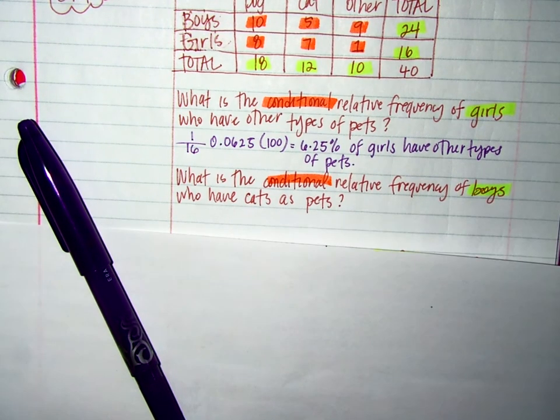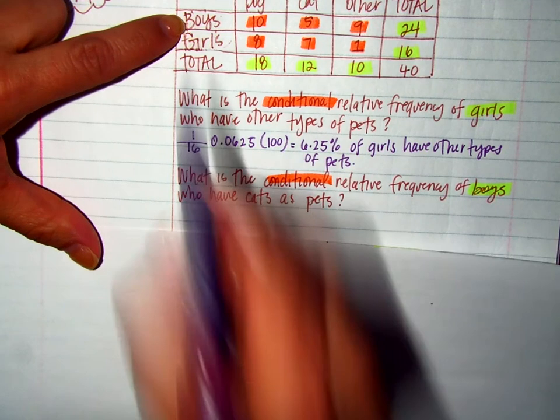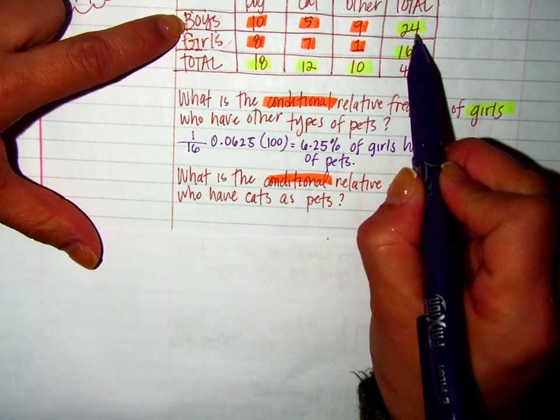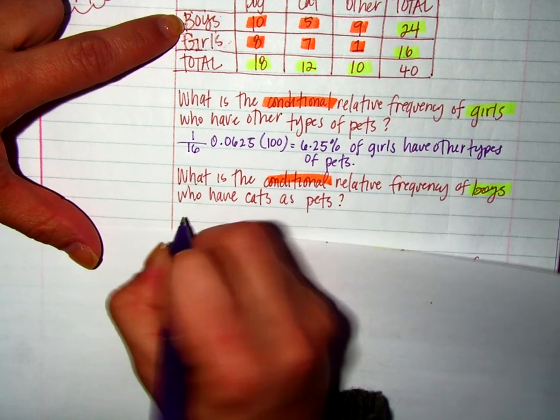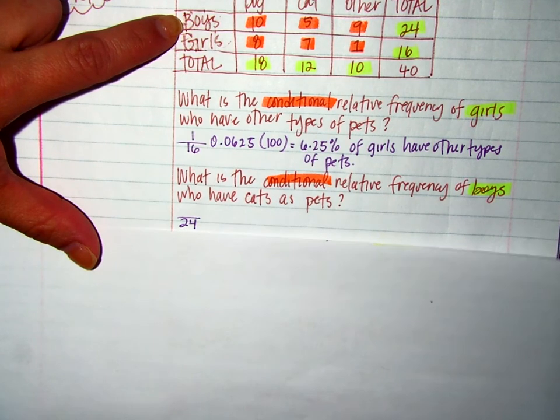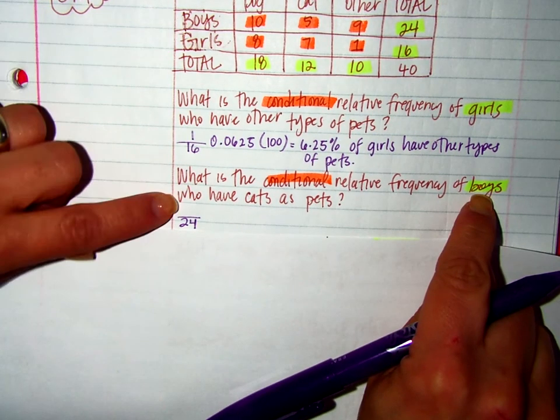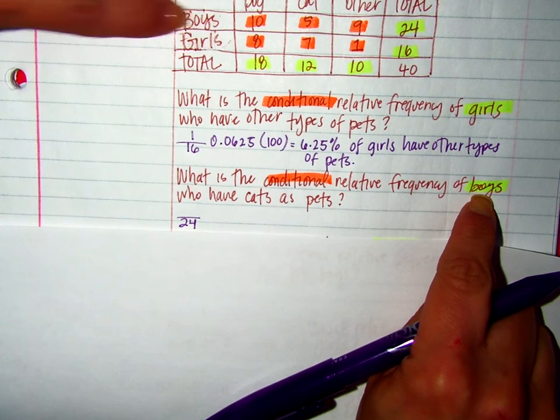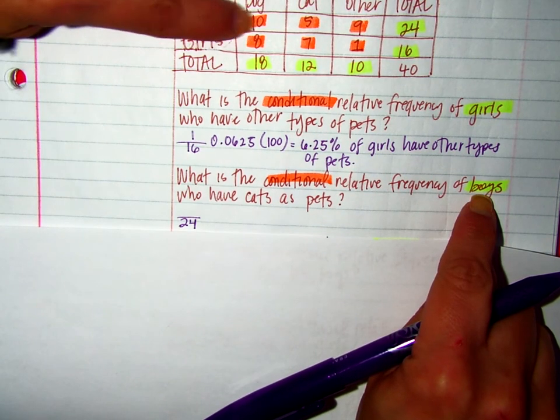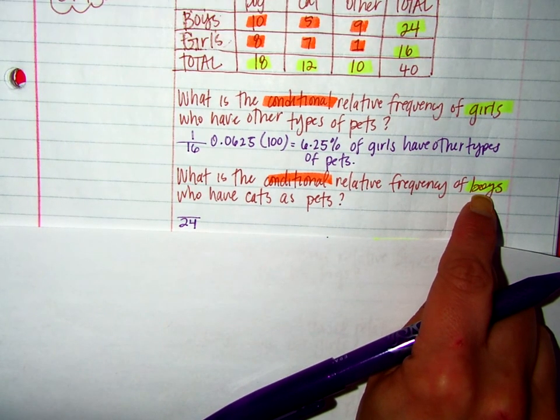So that means we're looking at the boy total. So we're going to boys and we go all the way through, which is 24. That means our denominator, the bottom number, is going to be 24. Now, out of all of those boys, how many of them have cats as pets? So we go check. This is for dog. This is for cat. So 5 out of 24 boys have cats as pets.